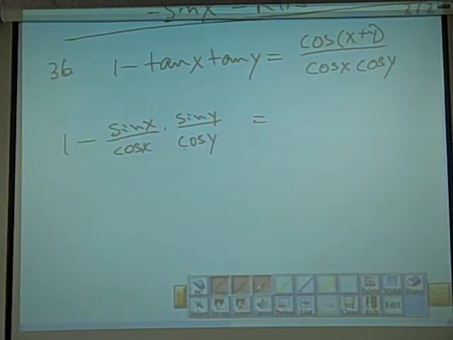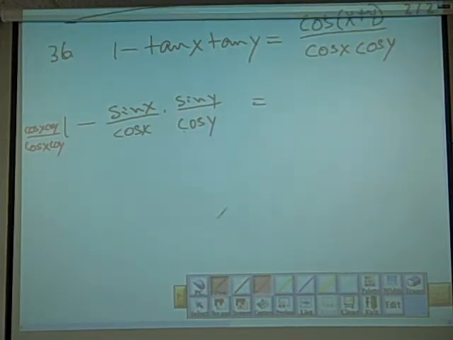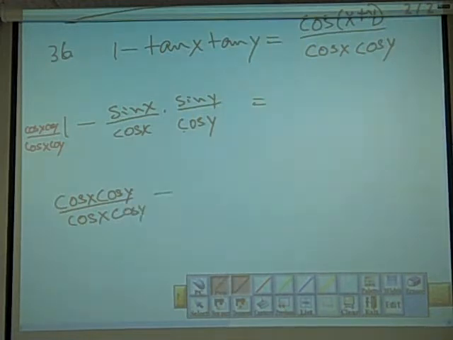So we're going to multiply to get a common denominator from the 1. So we're going to get cosine x cosine y over cosine x cosine y minus sine x sine y over cosine x cosine y.